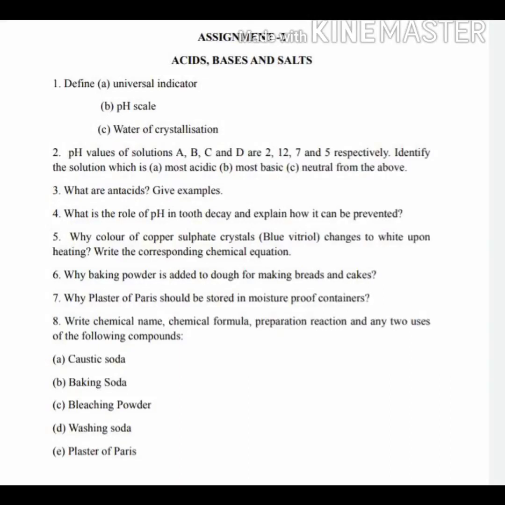Now come to the second compound, baking soda. Chemical name is sodium bicarbonate. Formula is NaHCO3 and its preparation method is by the Solvay process. In the Solvay process, you have to pass ammoniated carbon dioxide through brine, that is NaCl plus water plus ammonia NH3 plus carbon dioxide CO2.